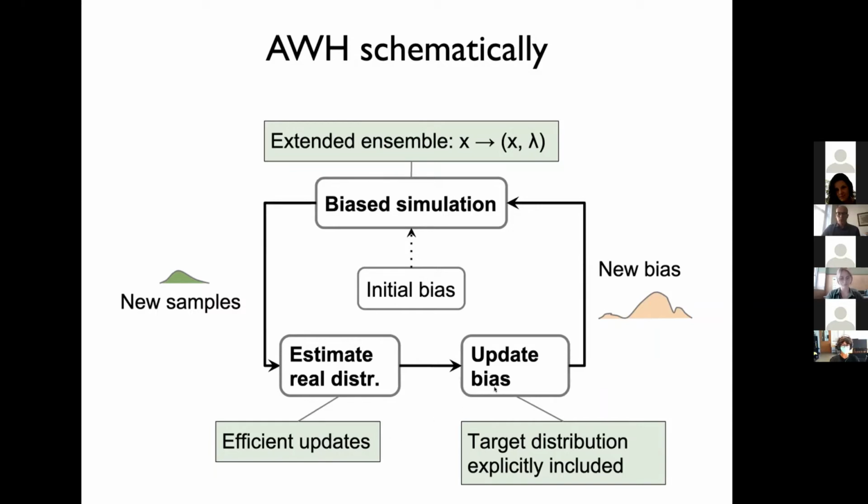You can update the bias, get a new bias, and then run another biased simulation. And this goes around in circles. Strictly speaking, one would need to run separate, long enough simulations that cover the whole reaction coordinate range. But in practice, you can do this very frequently. We do this cycle every, well, it depends on how you set your parameters, every 1,000 steps or so. So we update continuously, and that works fine in practice.